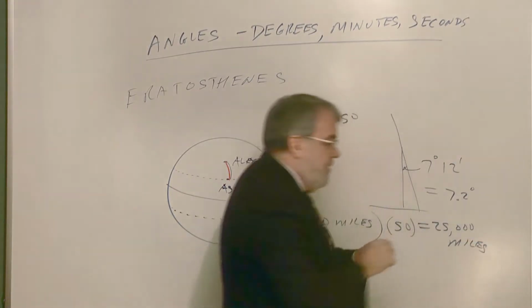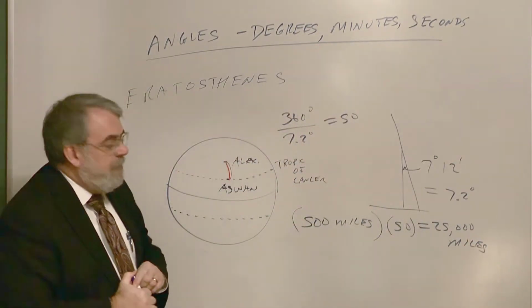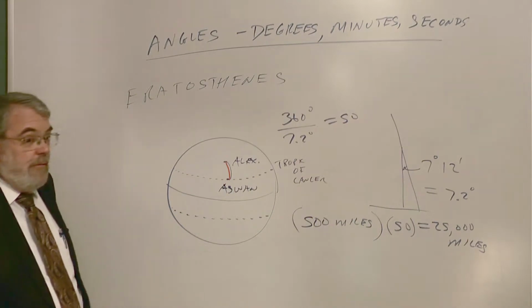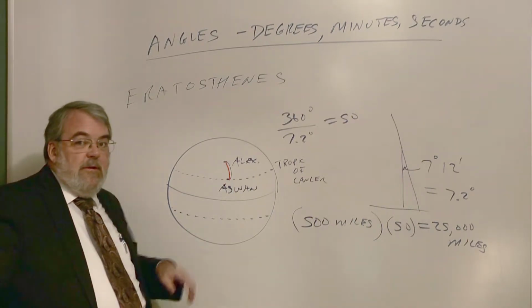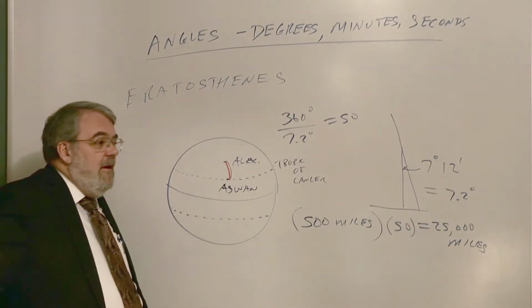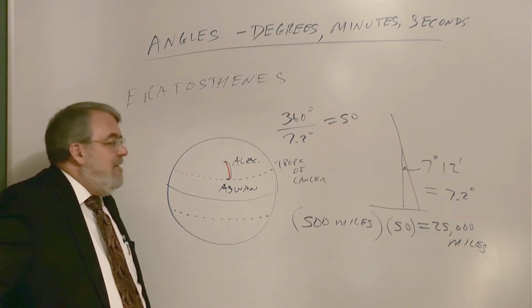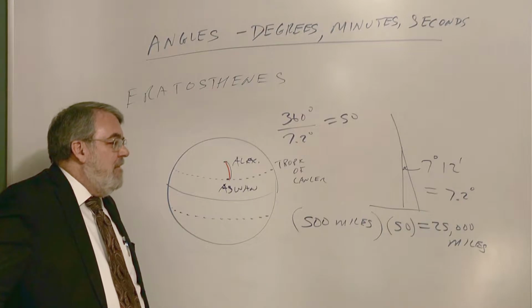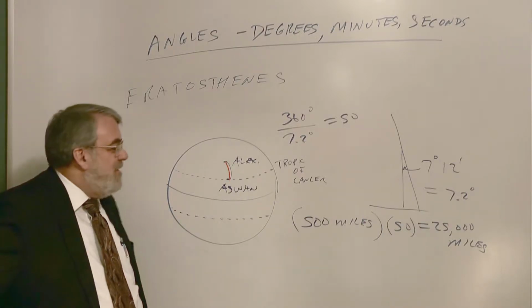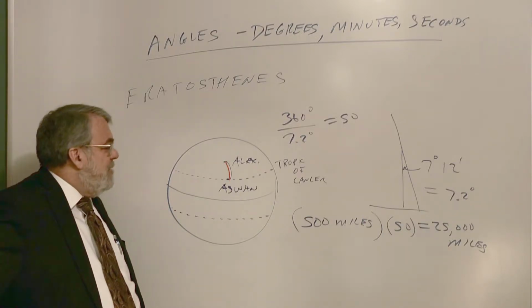So there we go. Around 2,000 years ago, it was known how big the Earth was. According to Eratosthenes, 25,000 miles in circumference. And that was a very, very good measurement. It's more than 99% correct. The error is less than 1% in reality.